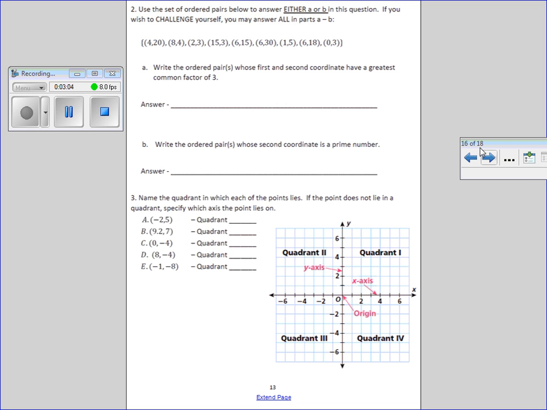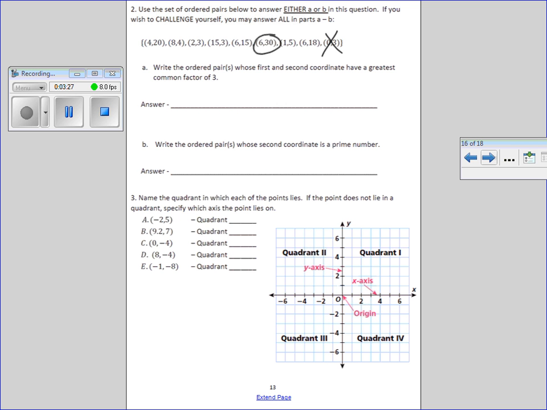See, 0 does not have a GCF of 3. The only common factor for 0 would be 0. So we can't include that one. Well, now we know that's out of the picture. All right, Chris, how many have 6 and 30? Guess what?